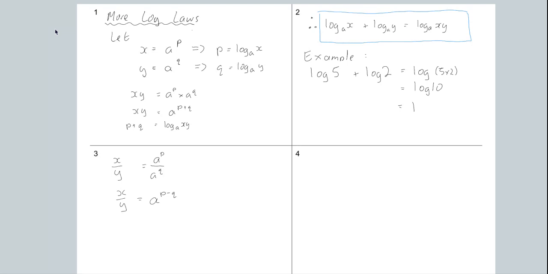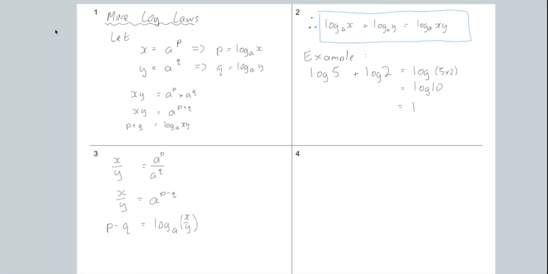Okay. So hopefully you got this. I just want to get it in the same order as I did on the other one. P minus Q is equal to log base A, and I'm just going to put brackets around it so it keeps it together, X over Y. Cool.